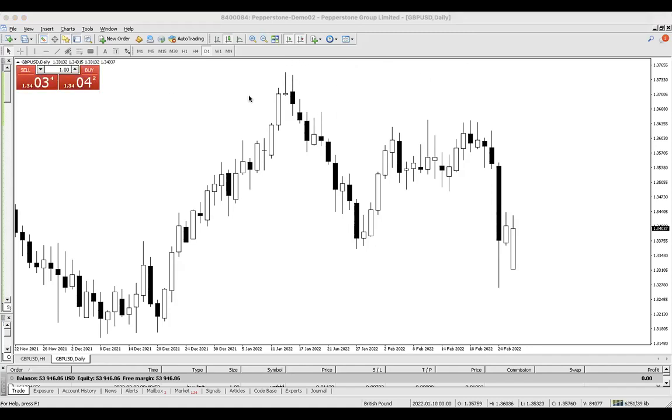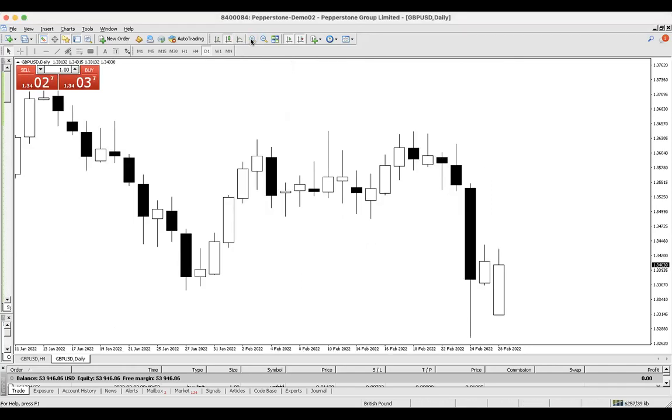Okay, so if you look at this candle here, let's focus on this price action so that you can see what I talk about. If you focus here, this is a GBP/USD daily chart.